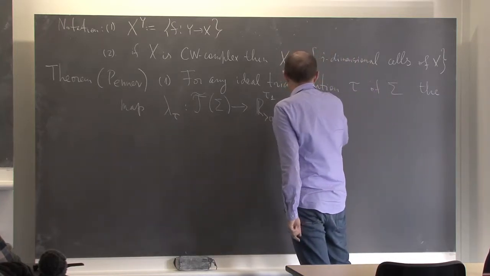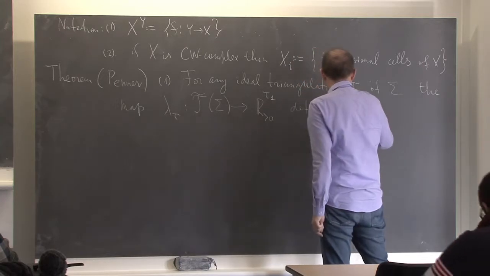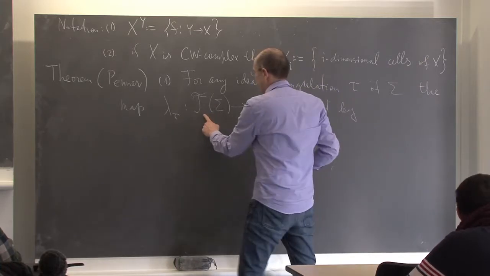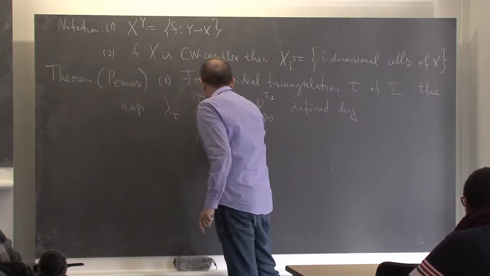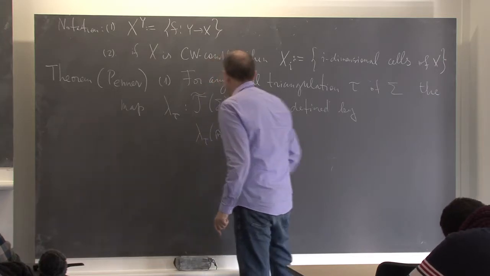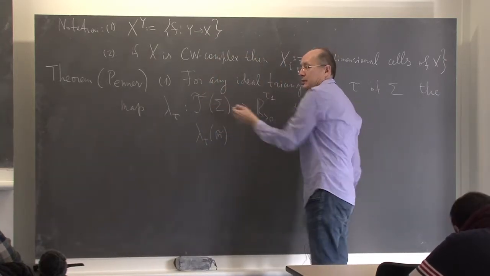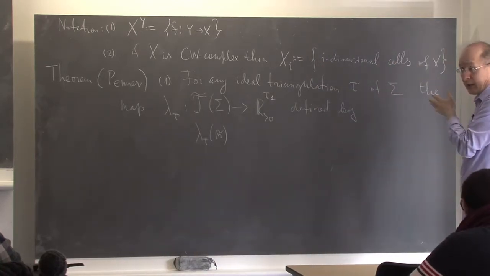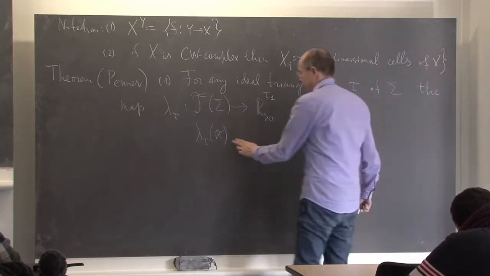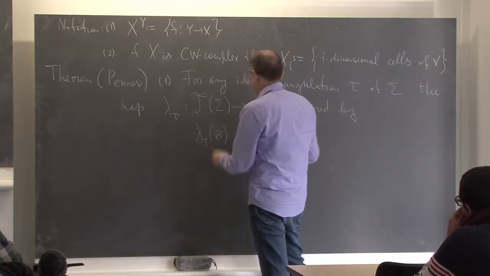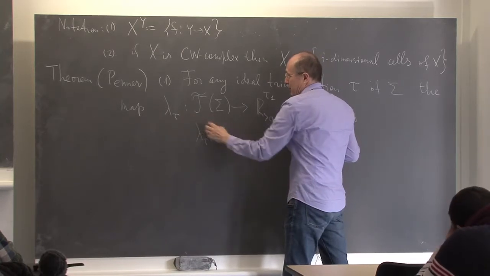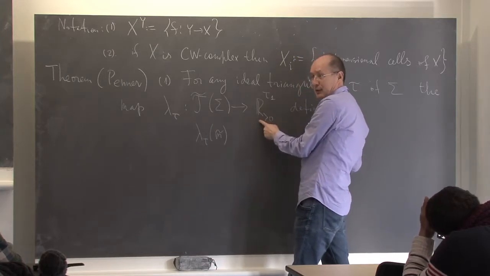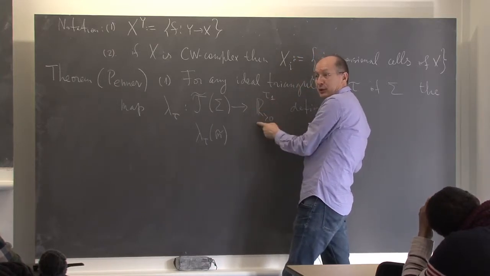The map defined by, so let us see, we pick up a point here. So lambda tau applied to m tilde. Remember that the point here is a hyperbolic structure on the surface, and the tuple of horocycles around each puncture. Now, when we apply this to a point in here, we should get a function on the edges of the triangulation.